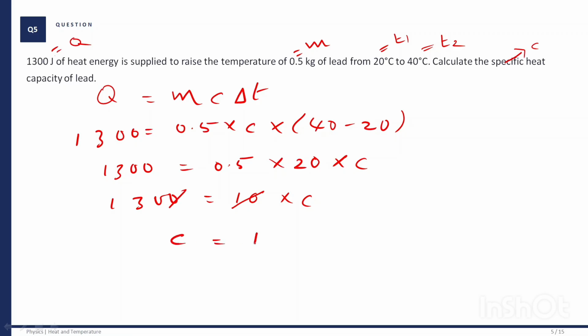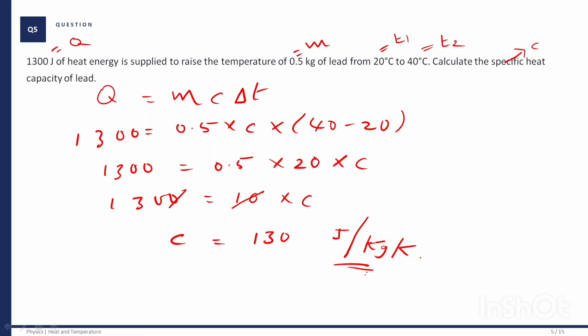C equal to 130 joule per kg Kelvin. So once again, the given physical quantities in question 5 are all in SI system: heat energy, mass, and of course temperatures T1 and T2.